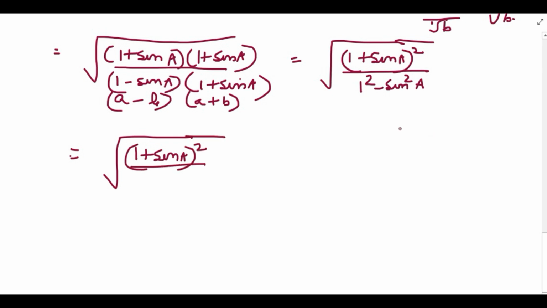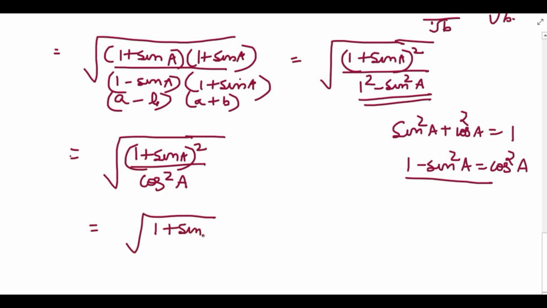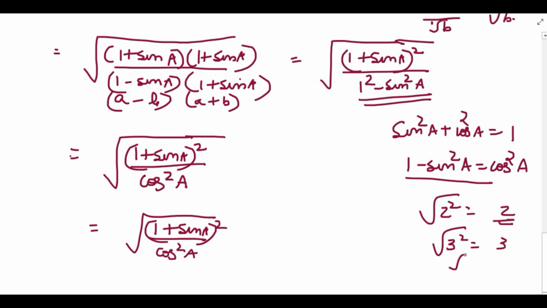We know that sin square A plus cos square A equal to 1, this trigonometric identity, or 1 minus sin square A equal to cos square A. So I can write 1 square minus sin square A, 1 square is 1 only, 1 minus sin square A is cos square A, which is equal to (1 plus sin A) the whole square divided by cos square A. We know that square root of 2 square is 2 only, or square root of 3 square is 3 only, because square root of 9 is 3.